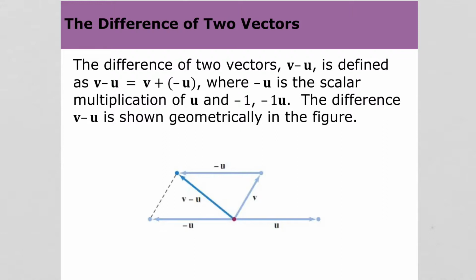v minus u is essentially the same thing as v plus negative u. So if we have v and we graph negative u, so negative u would start at the terminal point of v, and then v minus u would be from the initial point of v to the terminal point of u.